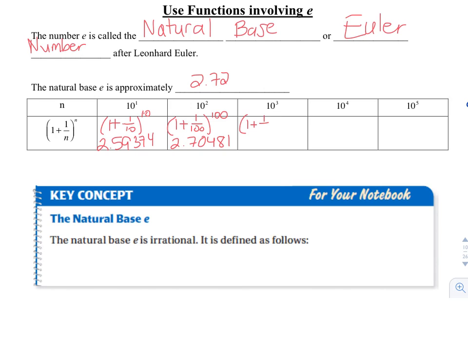And then if we change it to 10 to the third, that's 1,000. This gives us 2.71692. Change it to 10 to the fourth, which would be 10,000. So this is approximately 2.718.